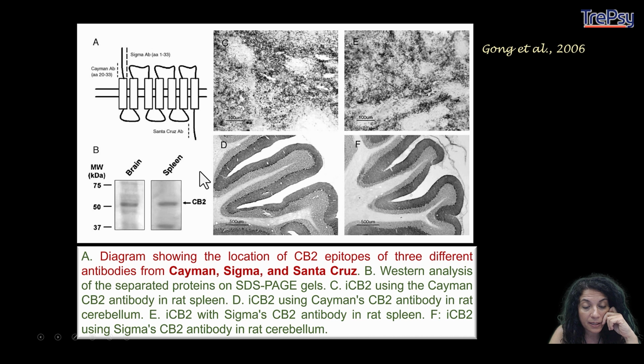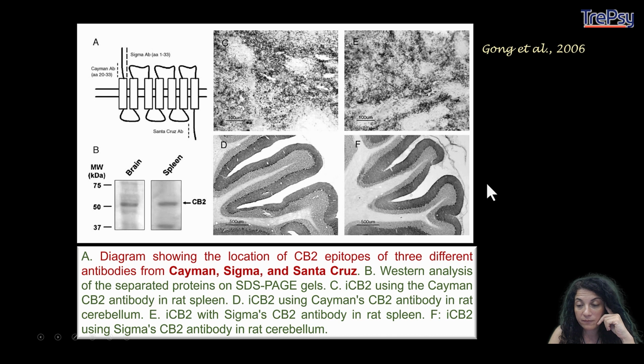And they did Western blot too. Here in this picture we can see, for example, the Cayman antibody in cerebellum, and we can see the Sigma antibody. Diagram showing the localization of the CB2 epitope of three different antibodies for Cayman, Sigma, and Santa Cruz.